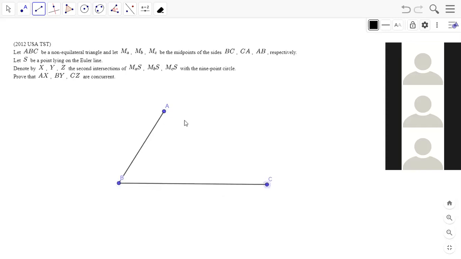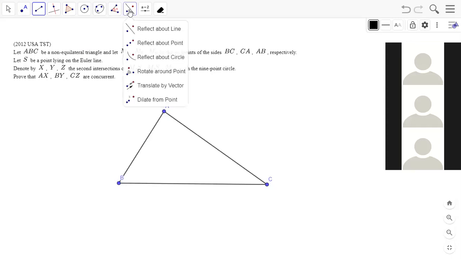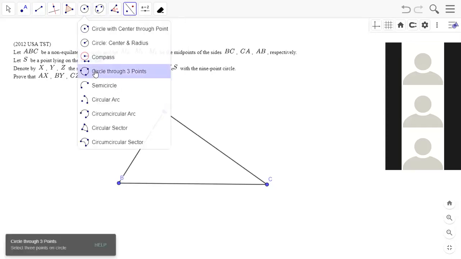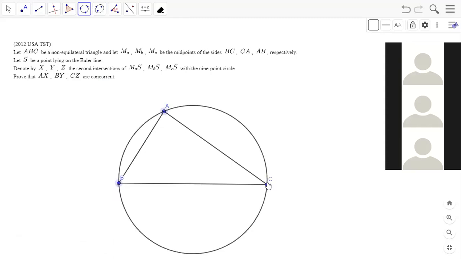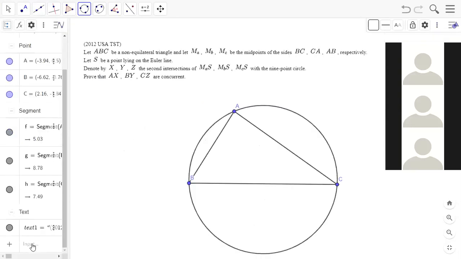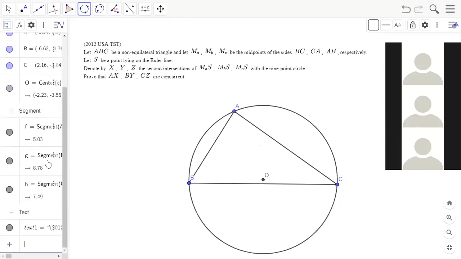So we have a triangle ABC, and we draw the Euler line. Let's see. So we have the orthocenter, and then H. So H is the orthocenter.